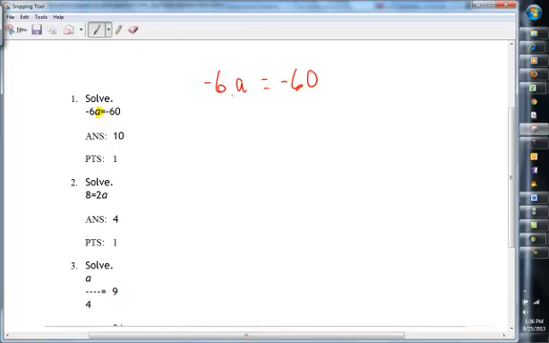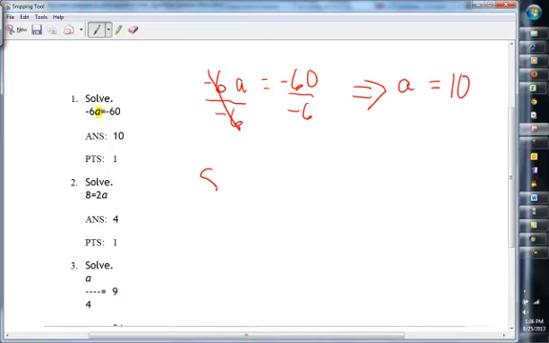Since there's no addition sign or subtraction sign between the letter and the coefficient, we're going to divide both sides by negative 6. And we get, these cancel, and so a equals negative 60 divided by negative 6 is 10.